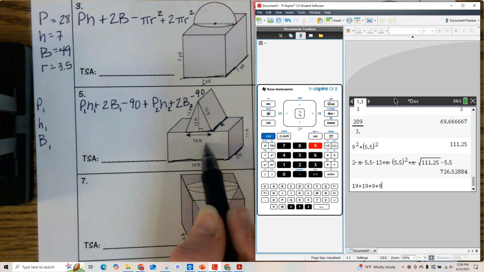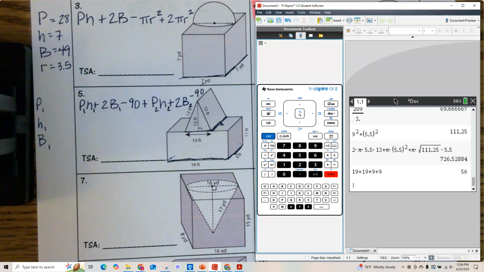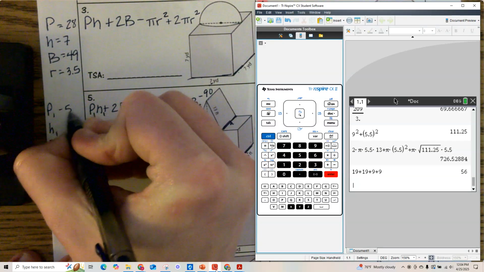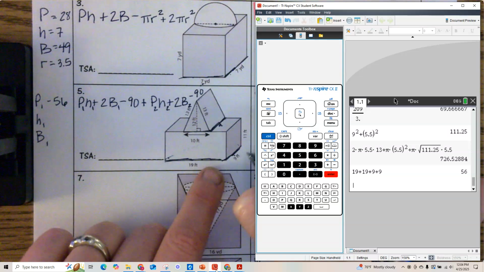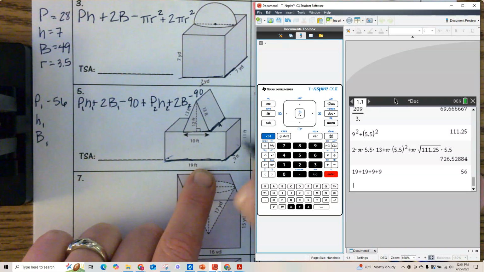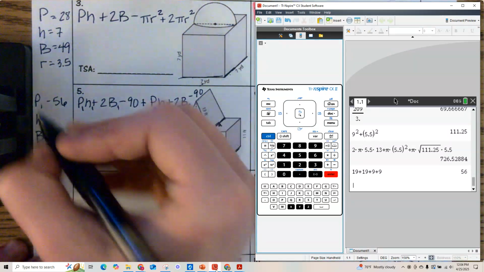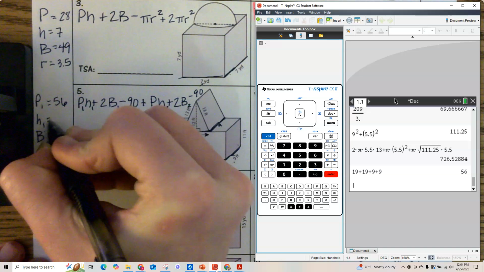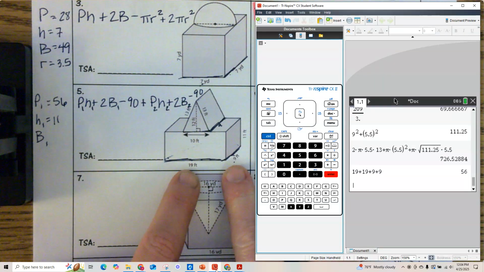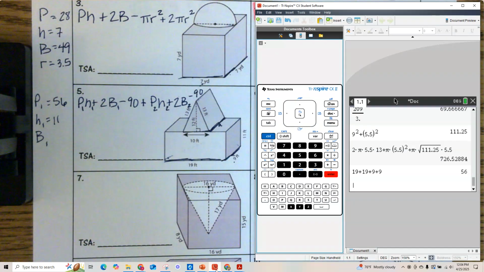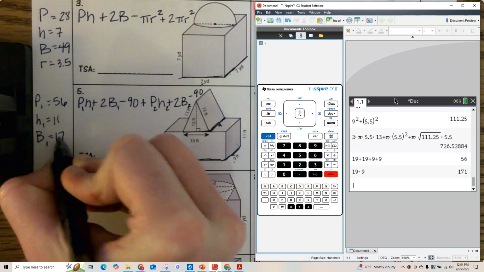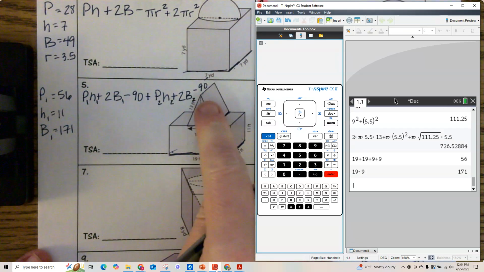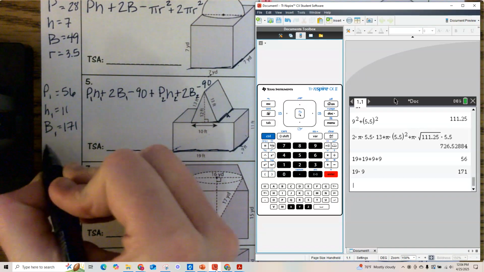Then it's got this back side that's 19, and then it's got this side that's 9. So perimeter 1 is 56. Height 1, so if this was my perimeter, the only measurement left on that box is this one here, that 11. And then area of the base is going to be 19 times 9. So 171. Then we've got to do it for the triangular prism.